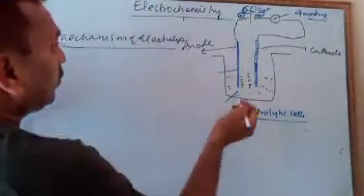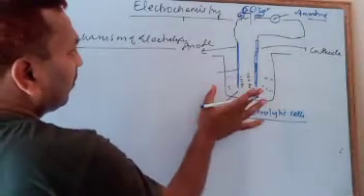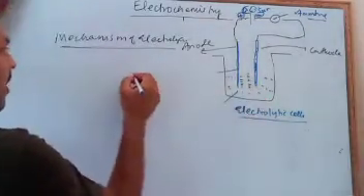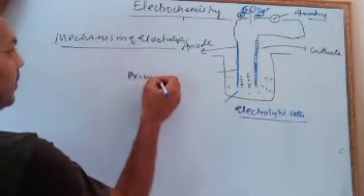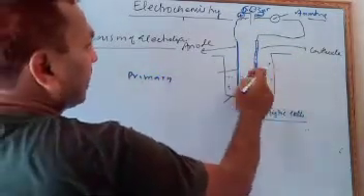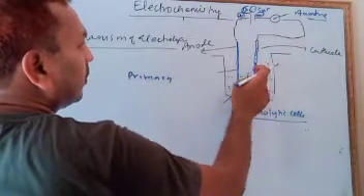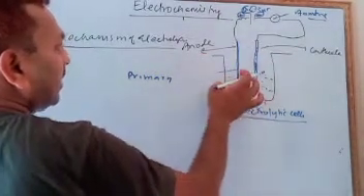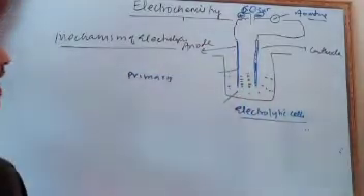Now we see two types of change. We know what a cation is: the cation will move to the cathode, and the anion will move towards the anode electrode.